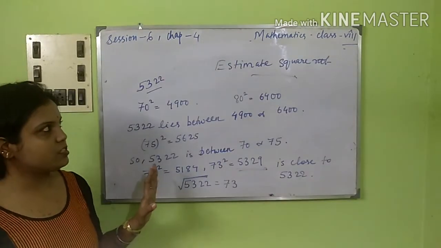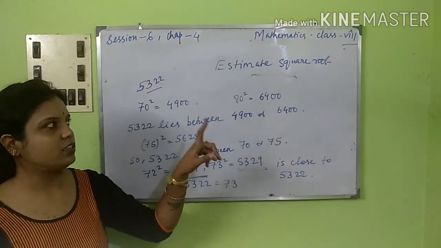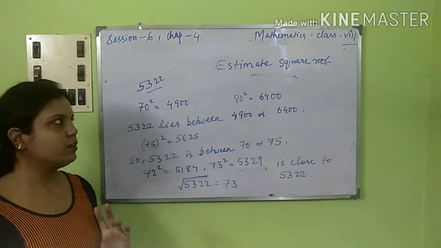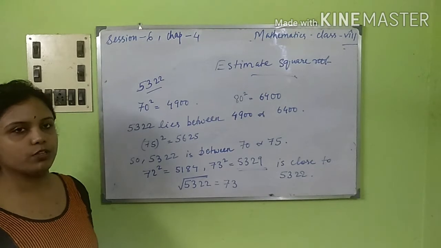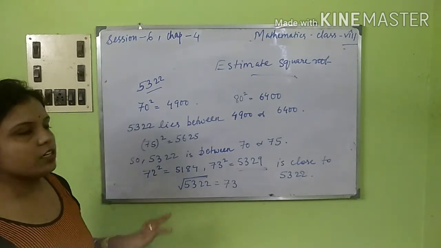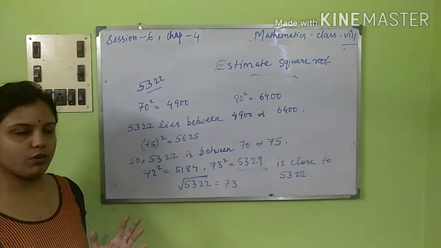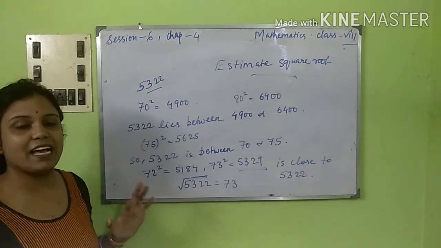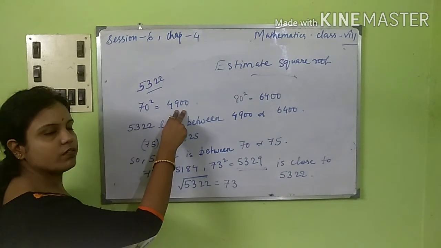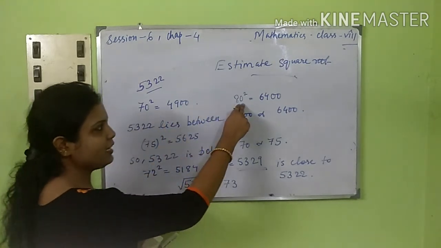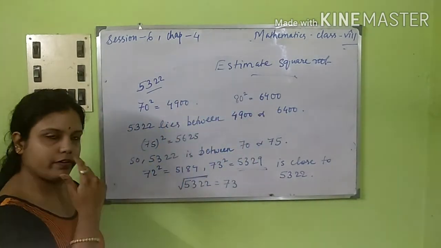Now this is the last method, estimating the square root. We have taken one number, 5322. For this number we will take estimations, within which numbers this is lying. As we can see, 70 square is 4900 and 80 square is 6400, right?